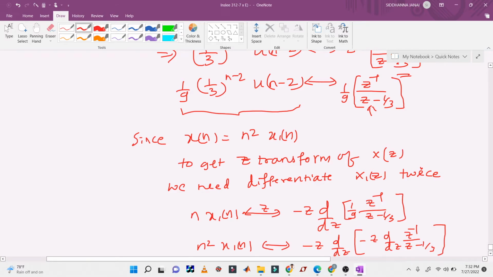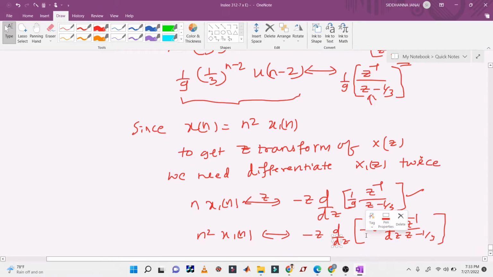Okay, after calculating whatever answer you get, you substitute here. I am just reiterating it in the different form, how you can calculate. So first find out the differentiation and multiply by minus z, that answer has to be differentiated and multiplied by minus z. That 1 by 9 I again forgot, right? So 1 by 9 can keep it, or we can multiply it at the end because it is a constant.